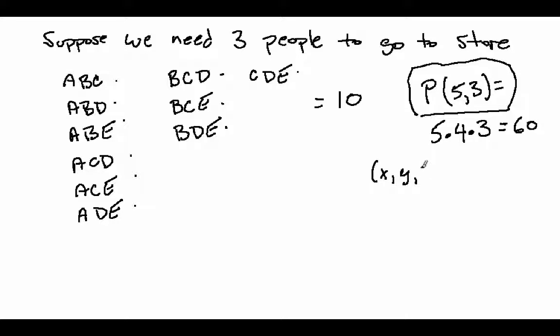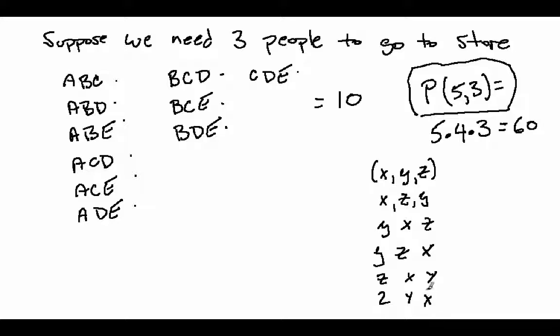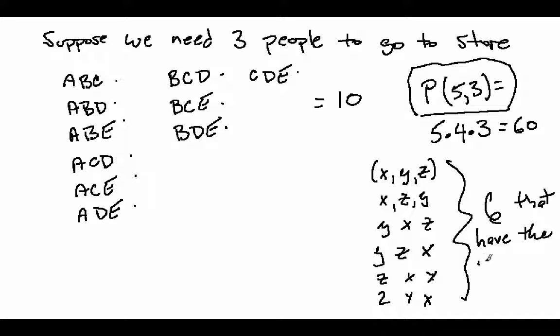Let's just call it X, Y, and Z. Well, we know that X, Y, and Z is actually equal to X, Z, Y, which is also equal to Y, X, Z, and it's equal to Y, Z, X, and then it's equal to Z, X, Y, and Z, Y, X. So there were 1, 2, 3, 4, 5, 6 of these that are the same, that have the same elements.